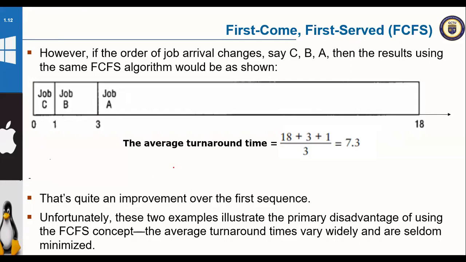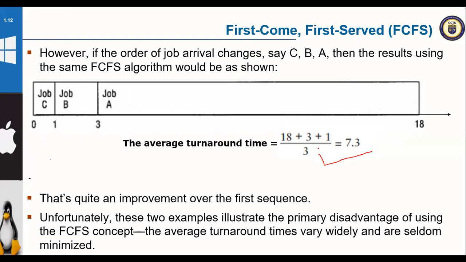Now, what will be the average turnaround time? You get 1 plus 3 plus 18. That will give you 22 by 3, which gives you 7.3. So you realize here that even though we are using the same first come, first serve algorithm, the order of arrangement of these jobs is really, really important.